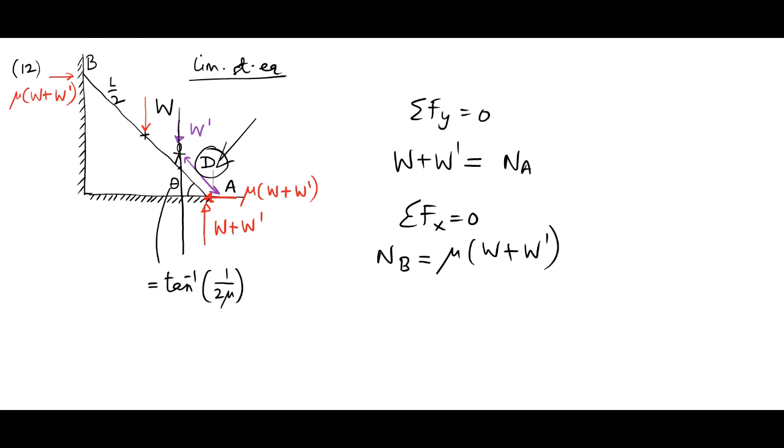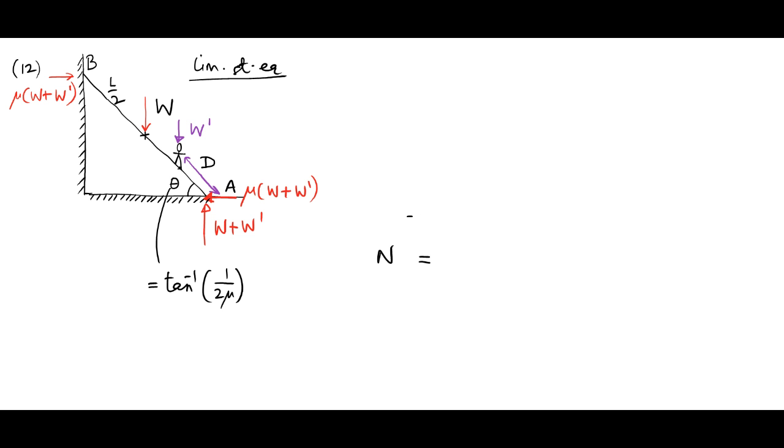So let's do that. So for example, we can take the moment about A and equate it to 0. The advantage of taking the moment about A is that there are two forces, this one and this one, which act through A, and therefore they won't appear in the moment equation. Sigma MA is equal to 0 because of the condition of static equilibrium.